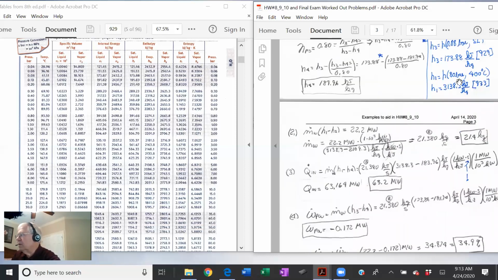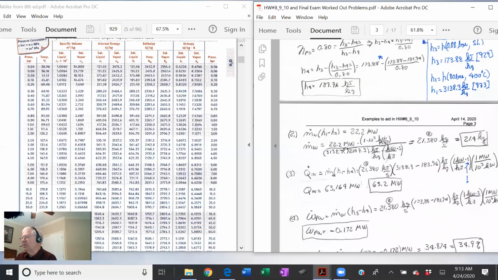I just have to be really careful with units, because I'm solving for the mass flow rate. I know the power out of the turbine is 20. Here's the equation. Usually the equation has H2 minus H1 equal to minus W, but I just got rid of the minus on the right-hand side, and this is what you'll get.